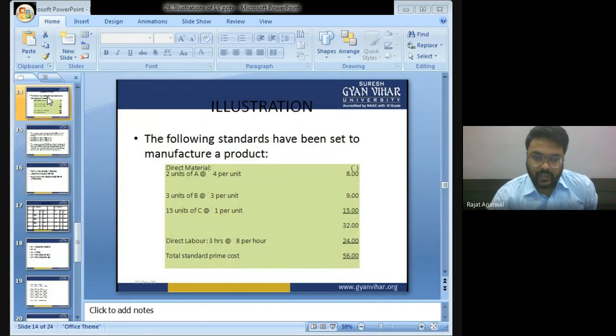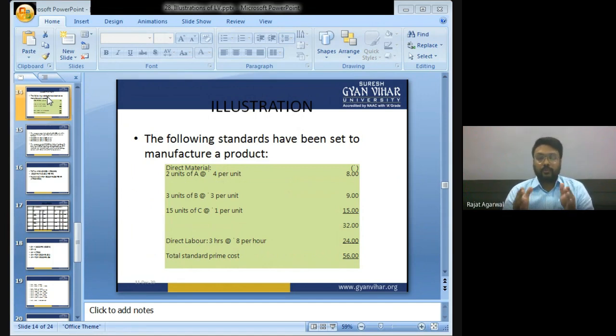So, this was the illustration. The following standards have been set to manufacture a product. Direct material: 2 units of A at the rate of 4 per unit, 3 units of B at the rate of 3 per unit, and 15 units of C at the rate of 1 per unit.